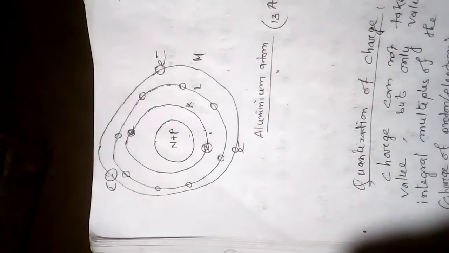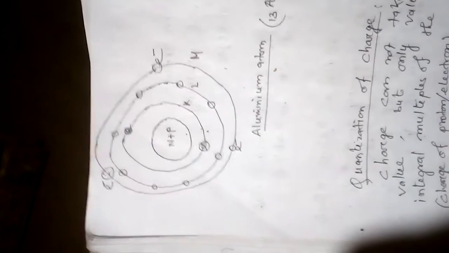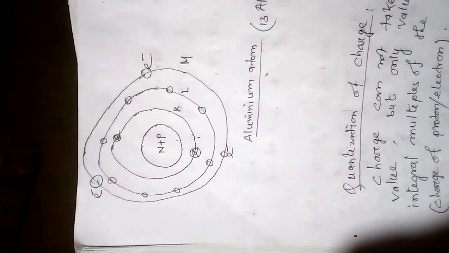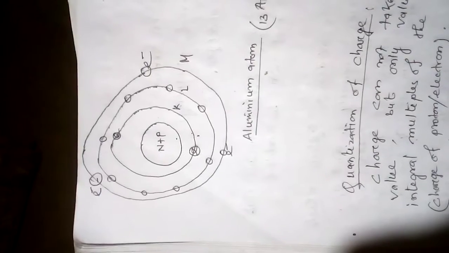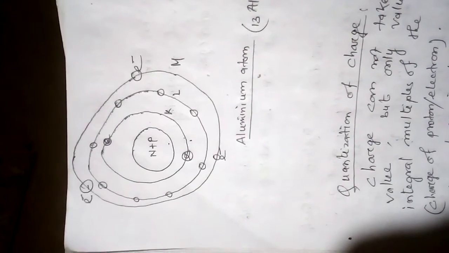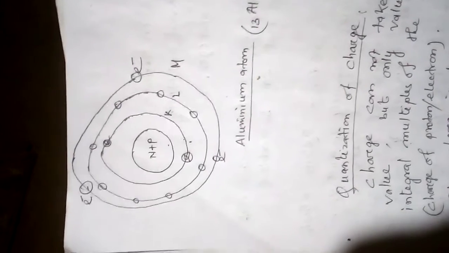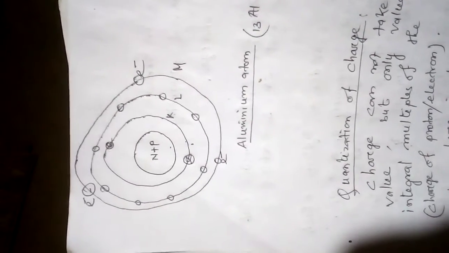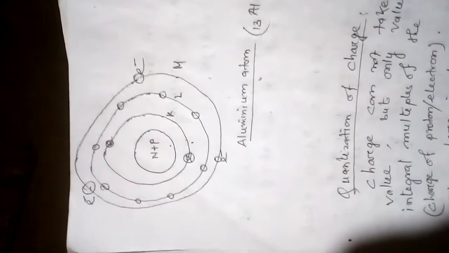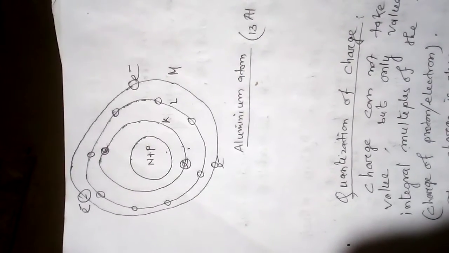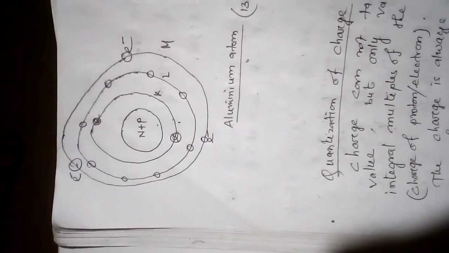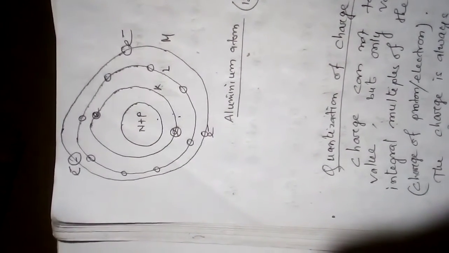I want to say something about this. We know all metals consist of many small particles. This small particle is called an atom. At the center of the atom, neutrons and protons are located, and the electrons are revolving around the nucleus of the atom in different orbits.